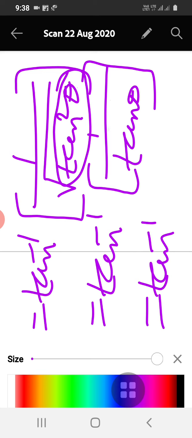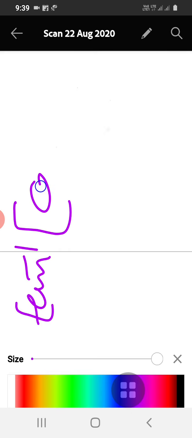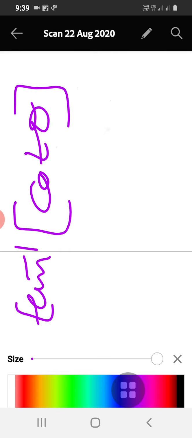So I get tan inverse of 1 by tan theta, and 1 by tan theta is cot theta. Tan inverse of cot theta. Now I cannot write this as theta, because observe, these two are different: tan inverse is outside and cot is inside. So let me consider this.